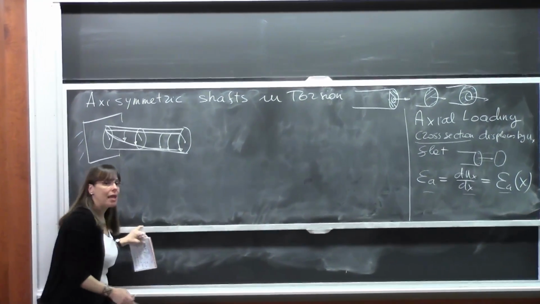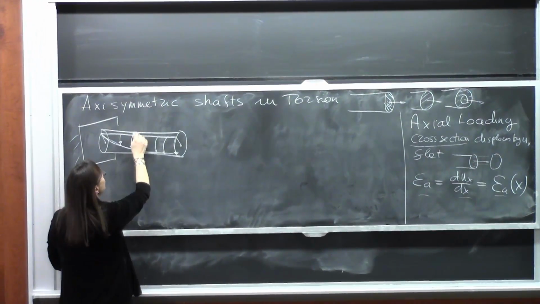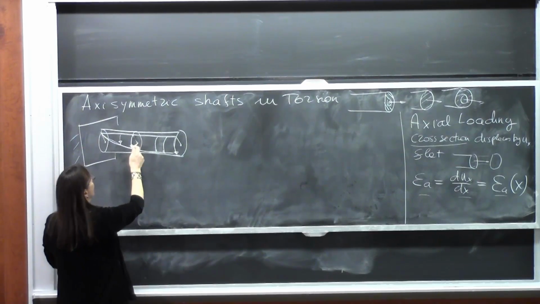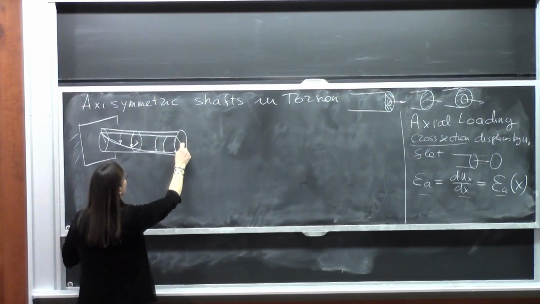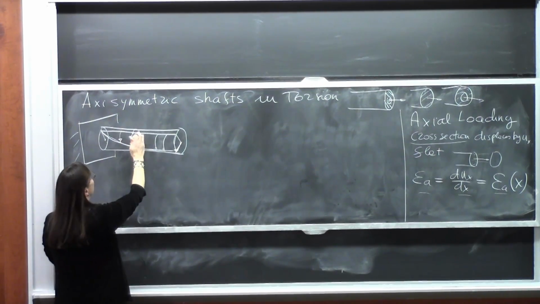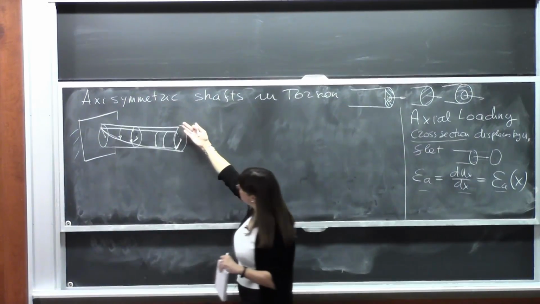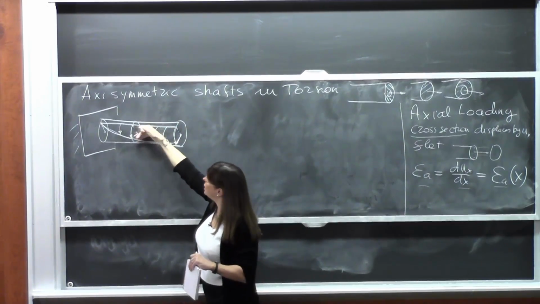Now, the assumption that I make is that as this cross-section moves, now this line has gone here, and here the line has gone all the way down here. See, it was up here, and now it rotates and is here, and here rotates and is here.